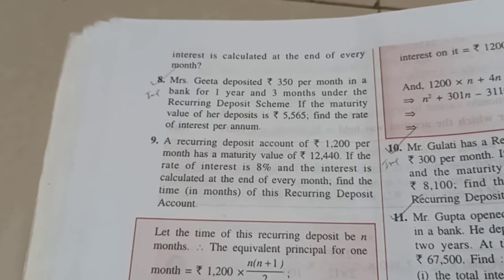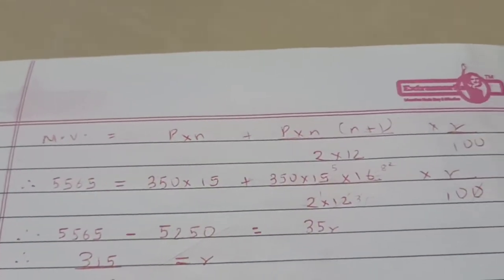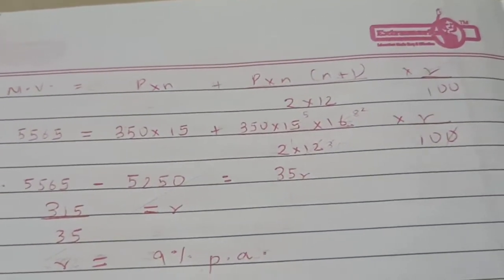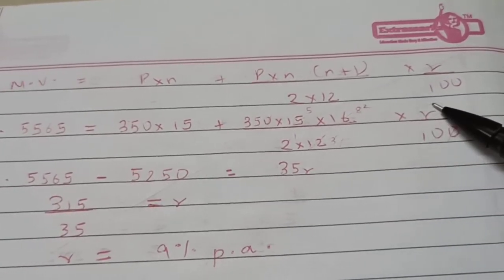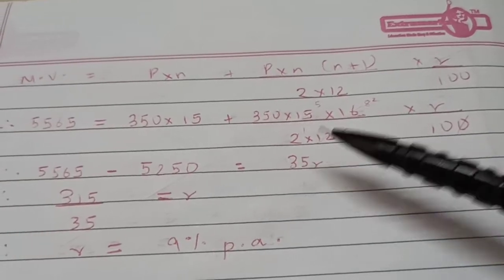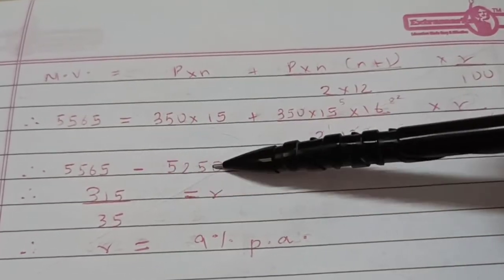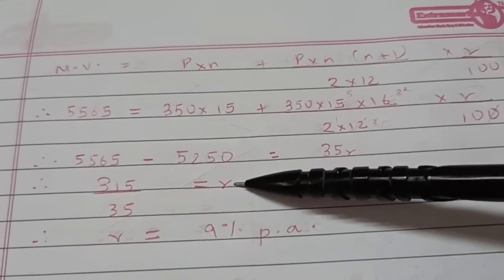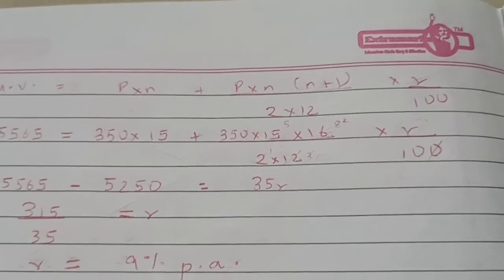So always they provide 3 values and the 4th value is asked. So we write all the data, then we copy the formula, we substitute all the values. You can see that only that R value is missing. So you solve further. I multiplied this and sent it to the left hand side. I subtracted. In the end, I got the value of R as 9% per annum. This is just straightforward algebra.